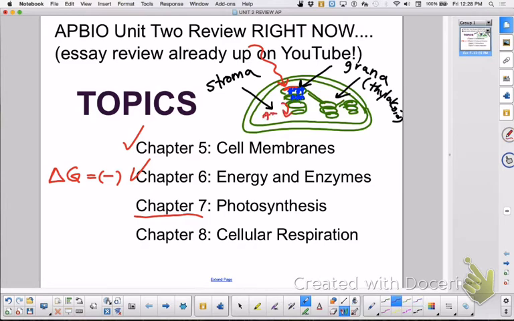Now, also, you pass electrons along your electron transport chains, both photosystem 2 and photosystem 1, and those electrons are going to be given to who? NADP forming reduced NADP. So when you're doing non-cyclic, electrons come in via water and go out via NADP.